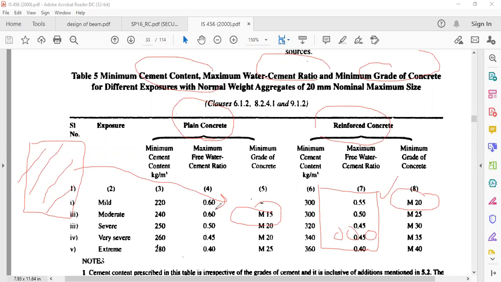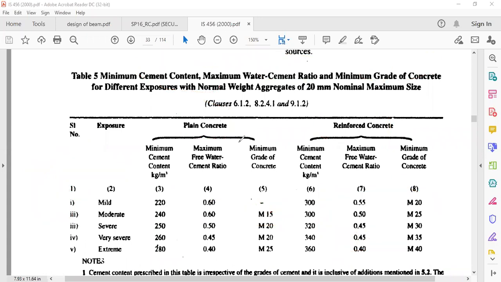So where will you require plain concrete? Where do we require this RCC? Sometimes you require bed concrete also, or where you don't require any kind of reinforcement, just normal concreting, in that case you can go ahead with that. And what are the minimum cement content and all those things? They are mentioned here.